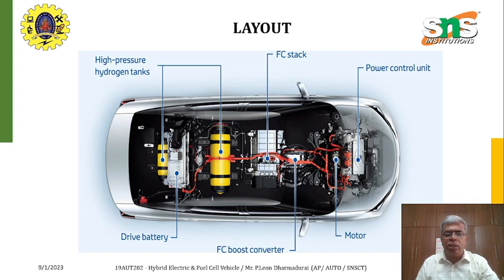In addition to this, there is a fuel cell stack, a high pressure hydrogen tank, and a battery used for storing the power, and a fuel cell boost converter, then a power control unit. These are the key components used in the hybrid electric vehicle, and especially they are also used in the fuel cell vehicle.